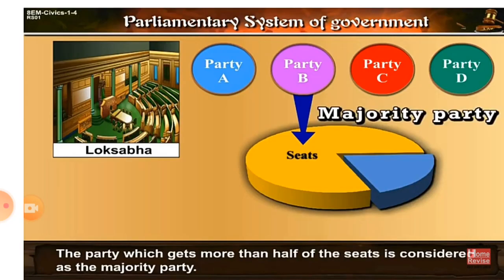The party which gets more than half of the seats is considered the majority party, and the majority party forms the government.